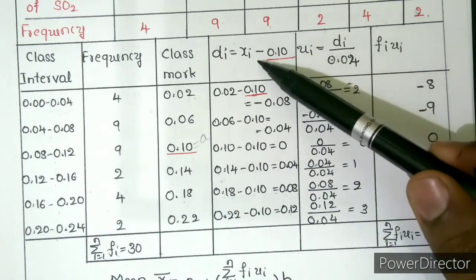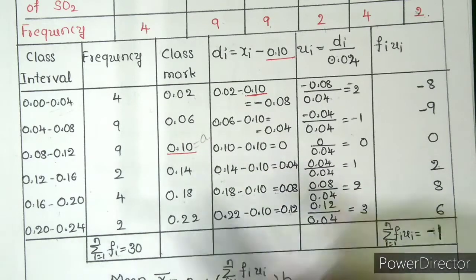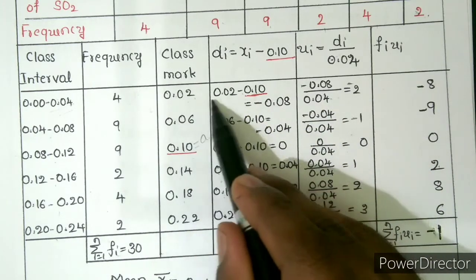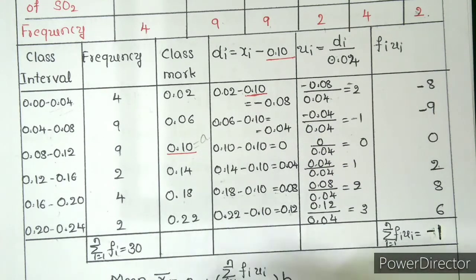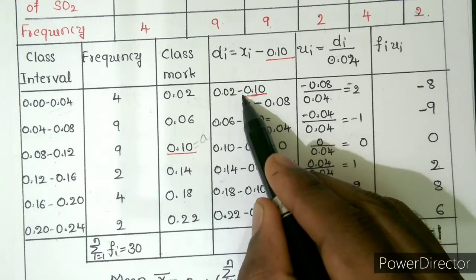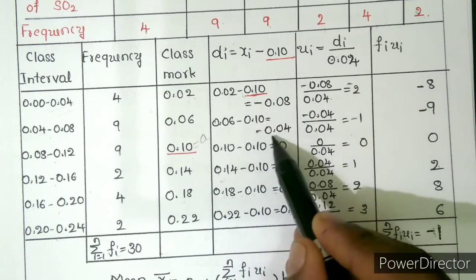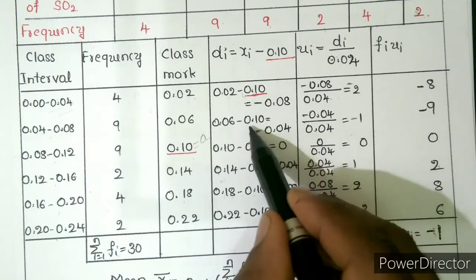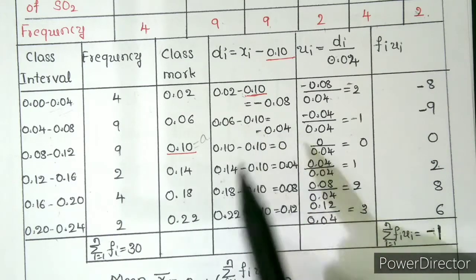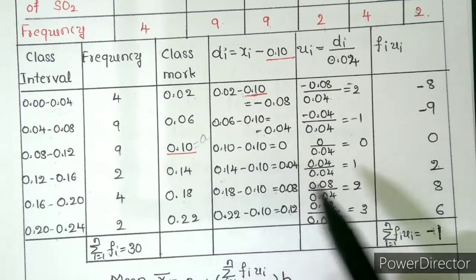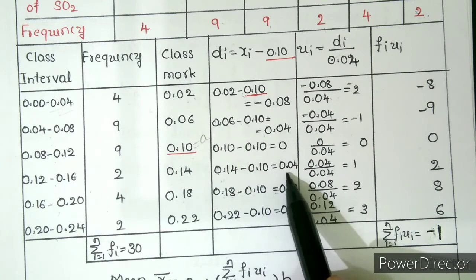Next, di equal to xi minus 0.10. The value of a, you take it as 0.10. So subtract from each one. 0.02 minus 0.10, you get minus 0.08, since the larger value has the negative sign. 0.06 minus 0.10, you get minus 0.04. 0.10 minus 0.10, it is 0. 0.14 minus 0.10, you get 0.04.